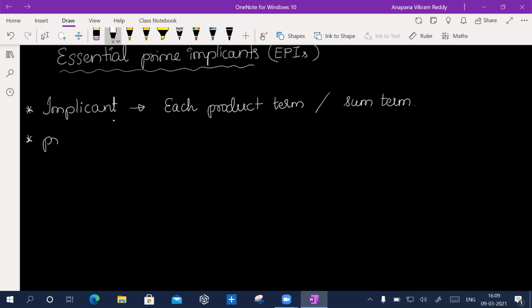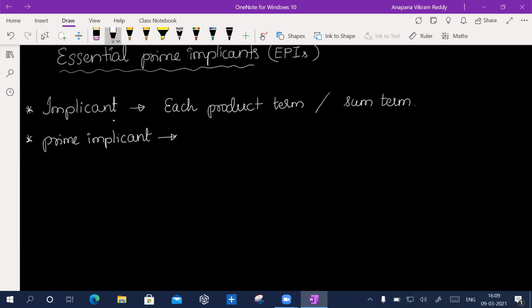And then you have prime implicant. This is important because if you have prime implicants, from that you can find or select EPIs.